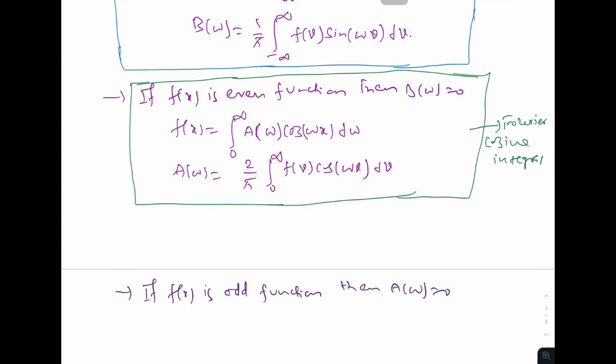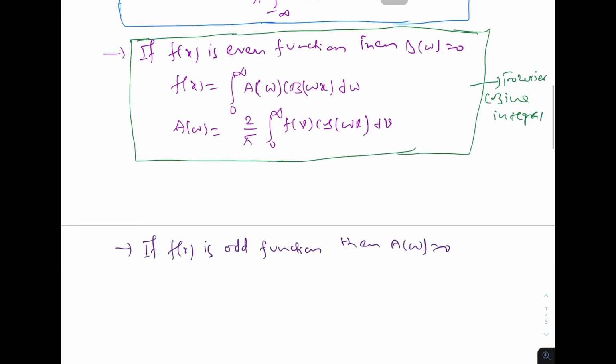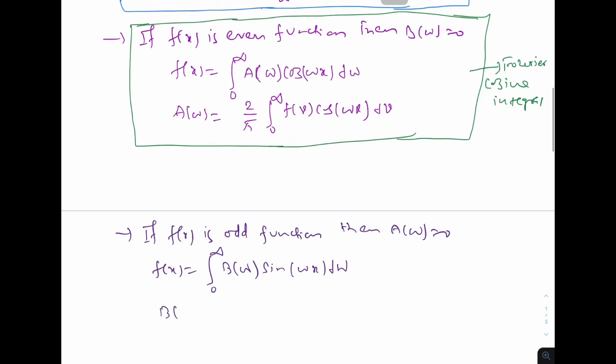So then A(omega) is 0, and f(x) equals integration 0 to infinity of B(omega) sin(omega x) d omega, where B(omega) equals 2 by pi integration 0 to infinity f(v) sin(omega v) dv.